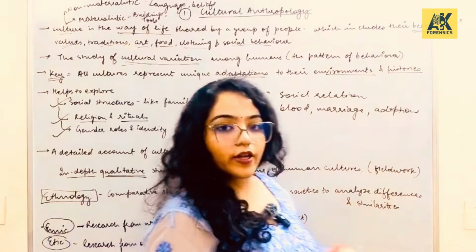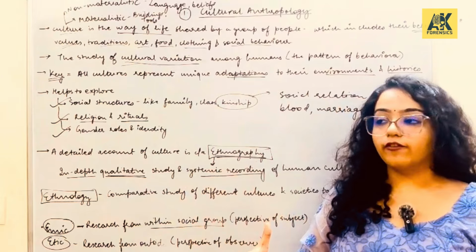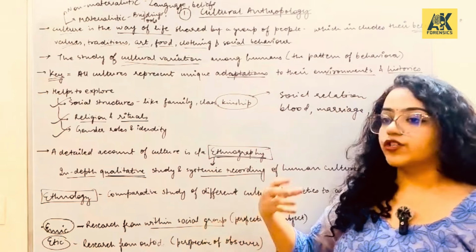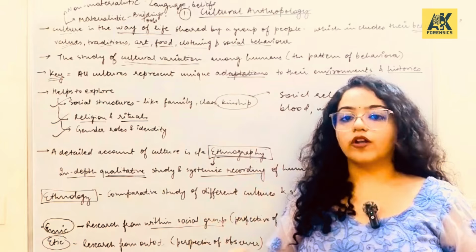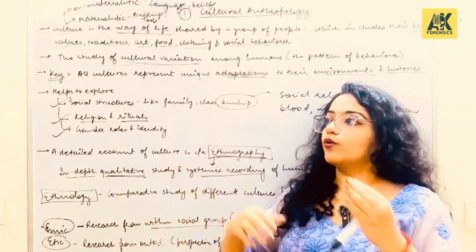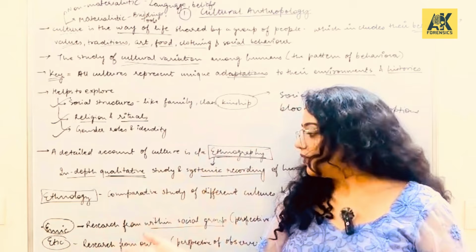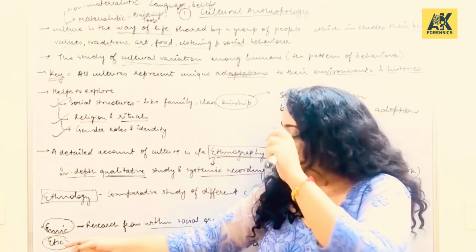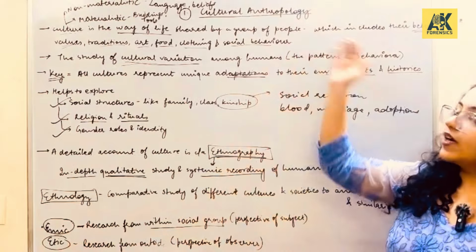If you belong to that social group and you take the initiative to research all the cultural activities going on in your community and you record it, then you are an emic. But if you move out of your cultural zone and go to another cultural zone and then record and research about their culture, then you are an etic. So there are emic and etic studies that are performed in cultural anthropology.